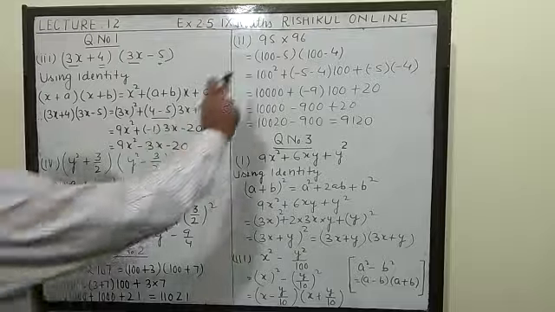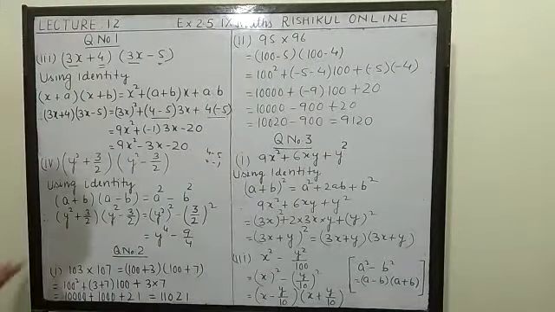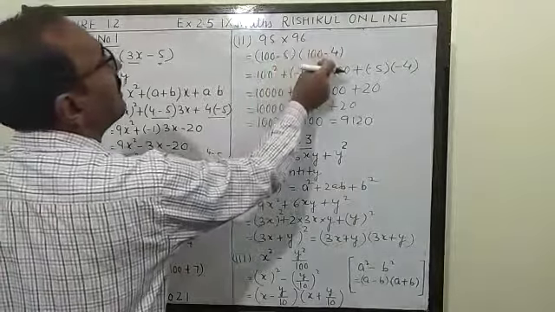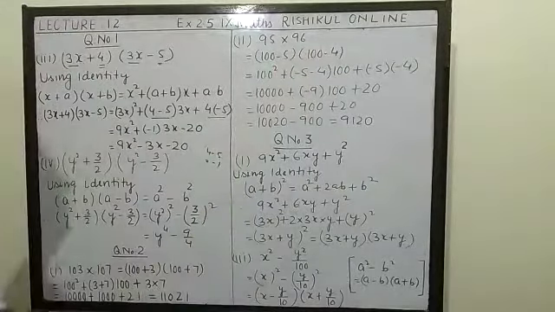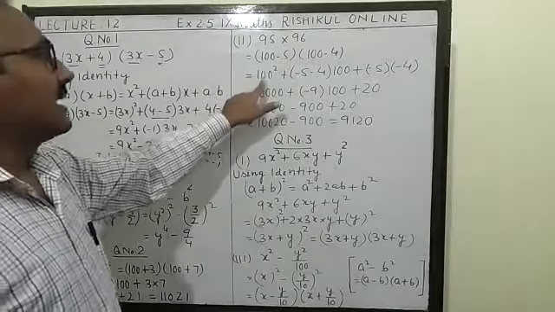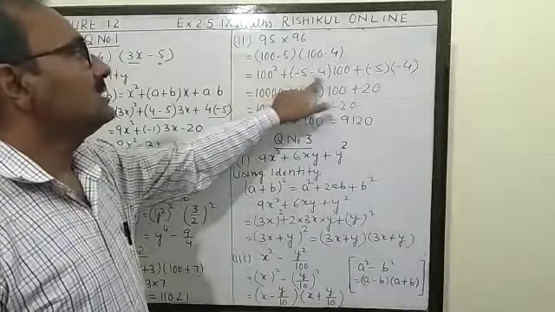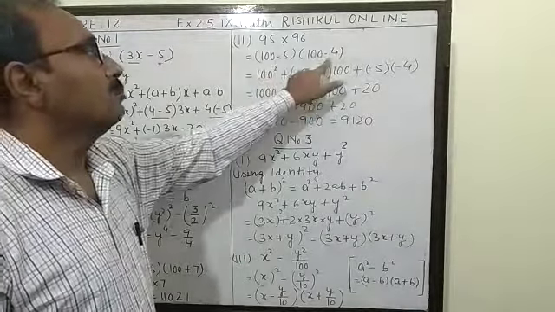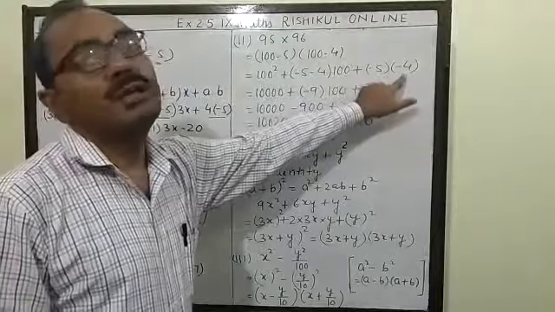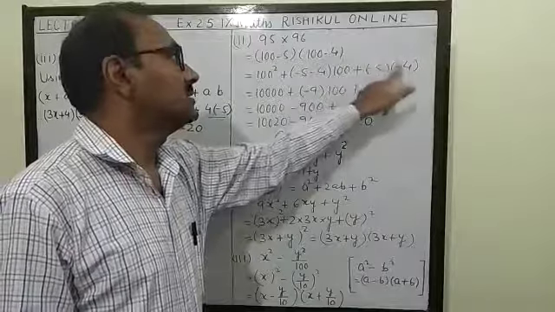Now next is 95 into 96. 95 you can write 100 minus 5, and 96 you can write 100 minus 4. Then you use the same identity. x² in place of x 100, plus (a + b), a means −5, b is −4, into x 100, plus a into b, −5 into −4.